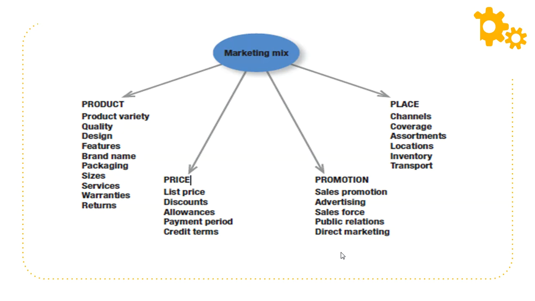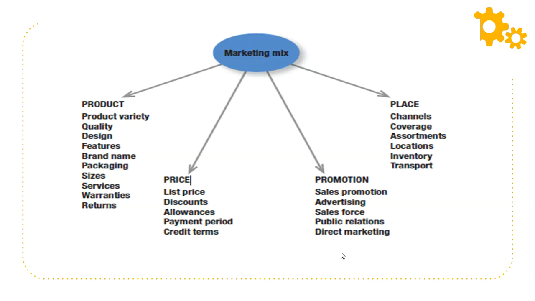Features, what type of features, advantages and benefit are there in your product? I'll record another lecture for FAB analysis, certainly. What is your brand name and how it impacts your product to convert it into a brand? What type of packaging you're providing for your product?